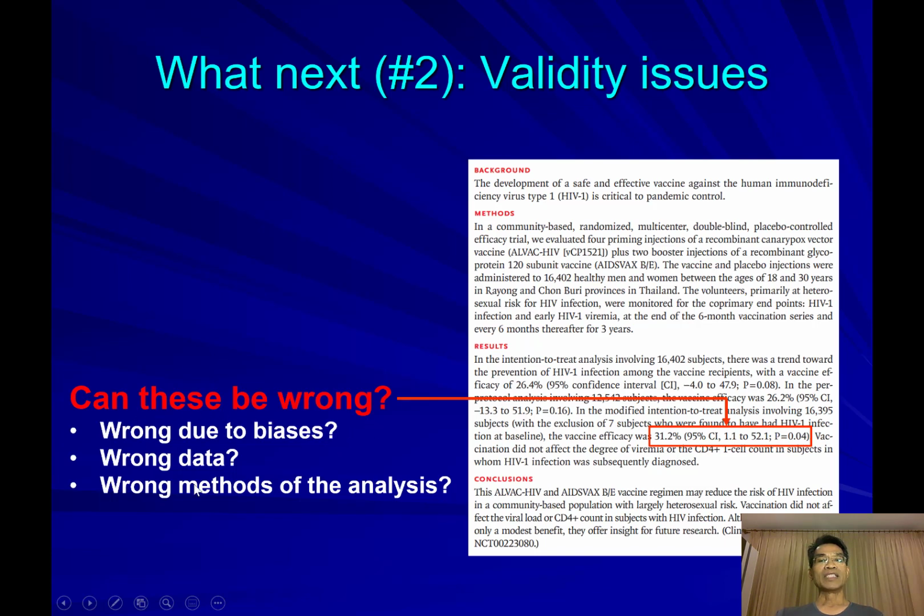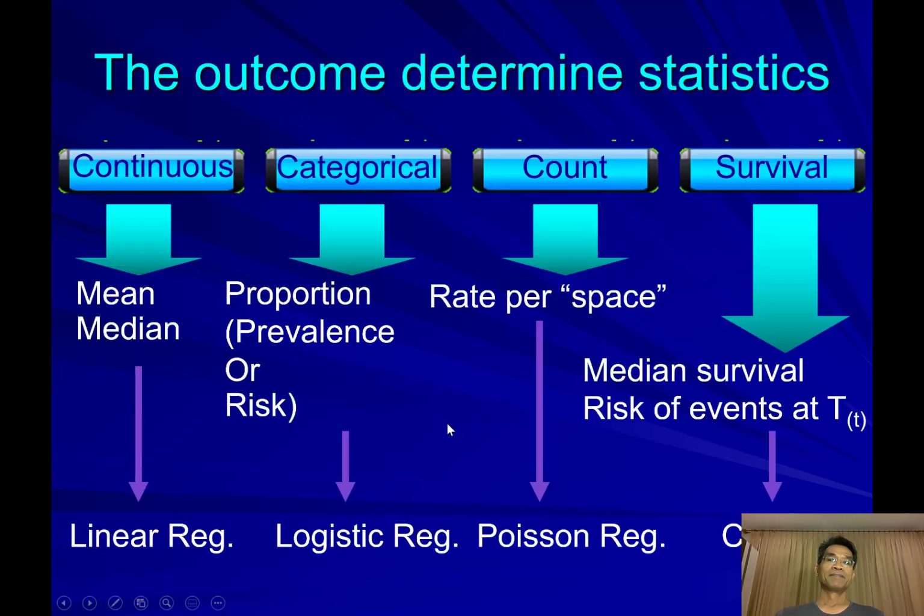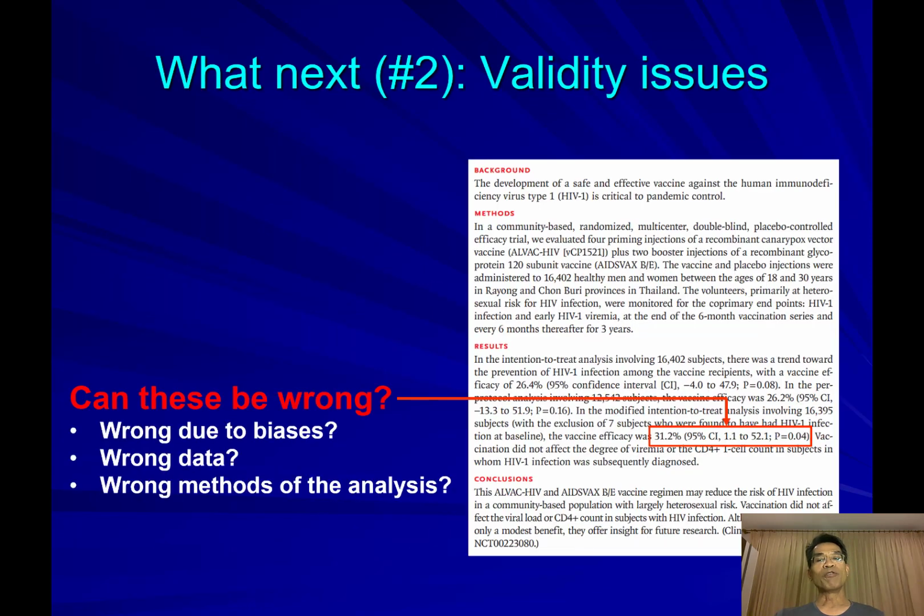Or it could be wrong by the wrong data. The research is not conducted in a way that quality assurance is implemented reasonably, or data management is inappropriate, for example.